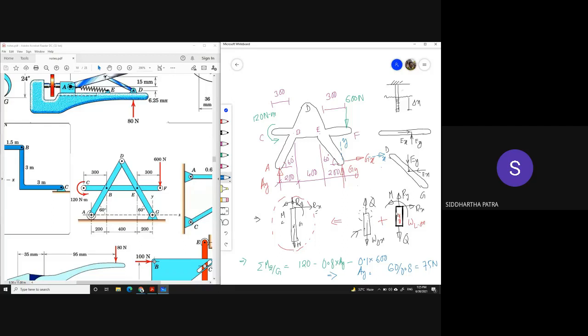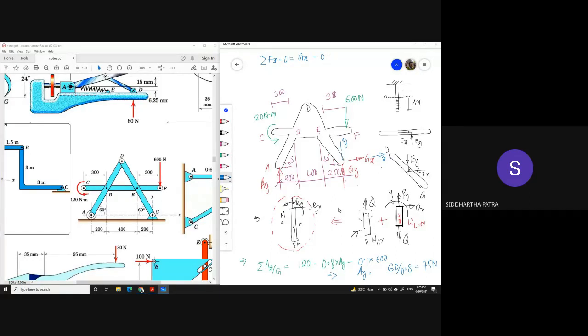Yes, sir. Okay. So once you have that, you can actually write the other equations of equilibrium. Summation of all the forces in x should be 0. Summation of all the forces in y should be 0. Sigma Fx equals 0 basically means there is only one component of force in x direction, which is Gx, and that goes to 0.